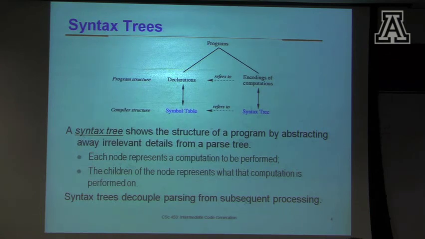Otherwise, when I go to compile the next function, I could mess things up. So the local symbol table needs to get freed up. At the same time, I free up the syntax tree for the body as well. So clearly, before I free up the syntax tree for the body and the local symbol table, I need to generate code for the body, right?